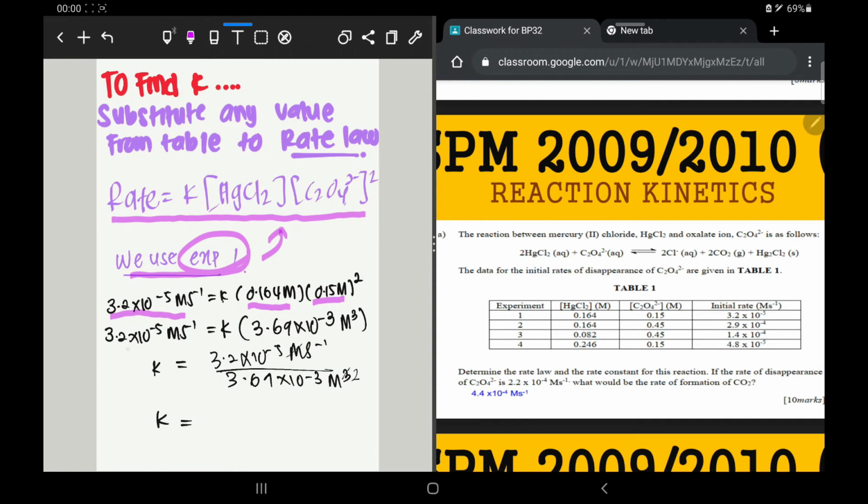So we will have 3.2 × 10^-5 M s^-1 equals k times this. When you multiply this out, you will get 3.69 × 10^-3 M^3. So you bring k to the front, and you will get 3.2 × 10^-5 M s^-1 over 3.69 × 10^-3 M^3.